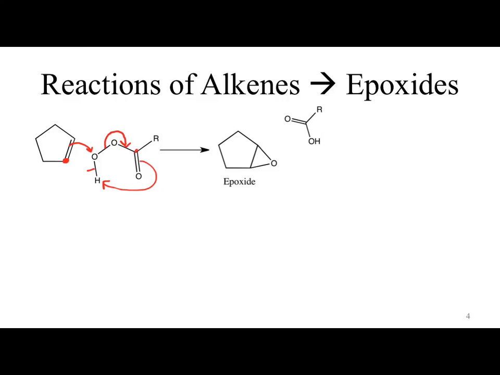So what we can do is take those electrons and push them down. Okay? So let me color in the bonds forming our epoxide. We're taking our electrons from our pi bond out to that oxygen, push a bunch of electrons through the peroxybenzoic acid, and then we take our electrons here and shift them in. Whoops, I wanted those in green, just so they stood out as a different color.